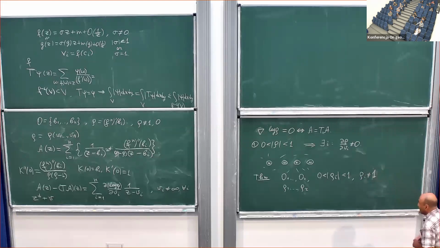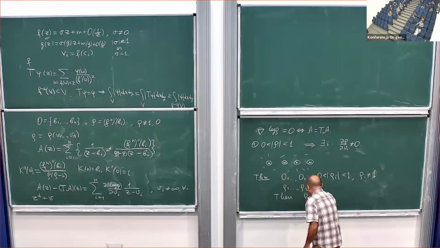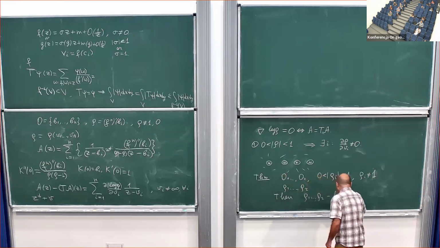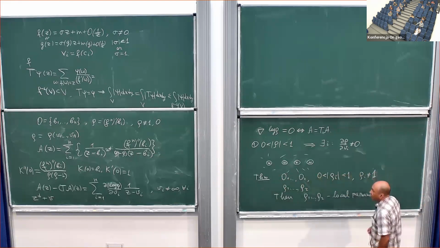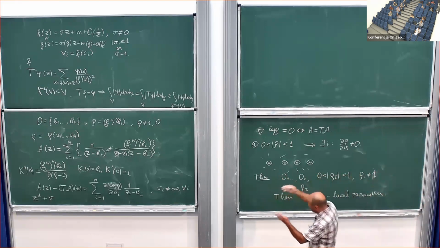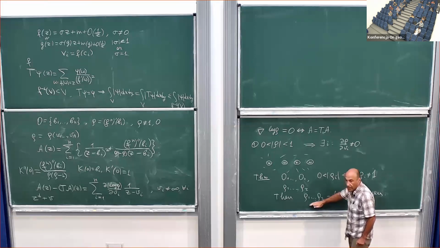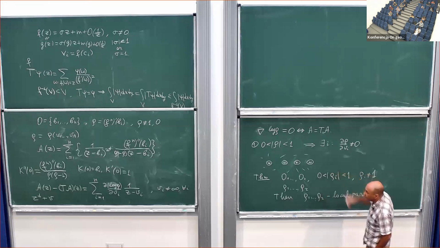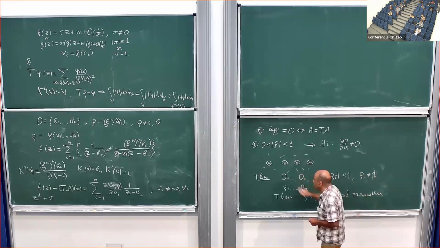Then these multipliers are local parameters, meaning that in the whole list of coordinates, in fact not only critical values, you can replace R critical values by R multipliers. So if there is a maximal number of periodic orbits like this, then they are complete parameters. This is immediate.